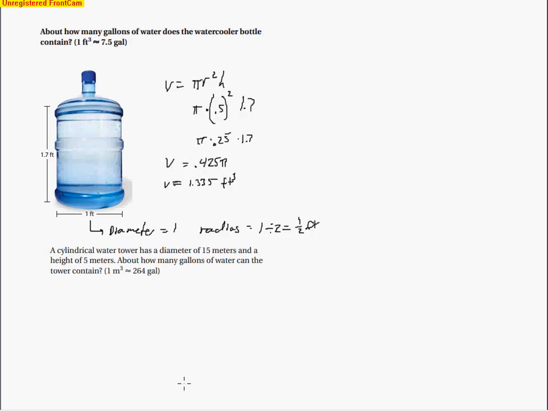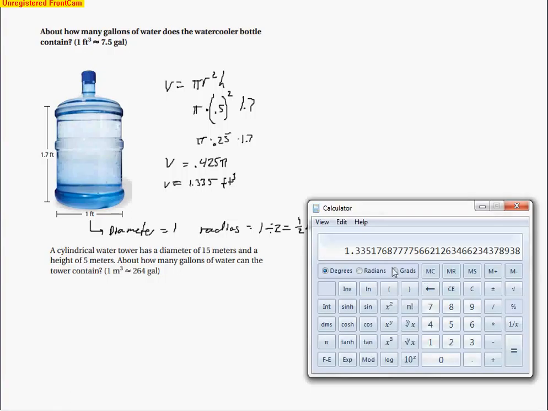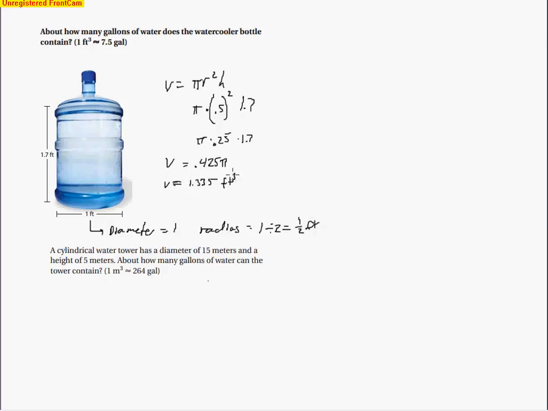So what we're going to do now is we're finding the volume. Now I'm not erasing that answer. Remember, I don't modify the number until I get to the end of the problem. I have one more step. My next step is to change this to gallons. So there's 1 cubic foot in 7.5 gallons. So what I'm going to do is multiply this answer by 7.5 gallons per cubic foot.